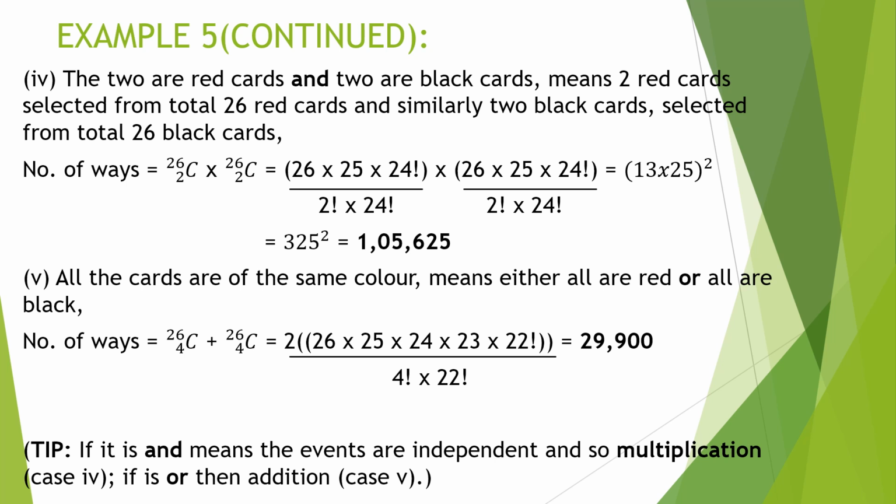So if you are having and, it is multiplication in between because the events are independent. But if you are having or, you will have addition in between, as the events will be mutually exclusive. Means if suppose all the cards are of black, then they cannot be of red. So you are having plus sign. Or means plus and means multiplication. So if you remember this, confusion will not be there. So in the fifth case, the total number of ways are 29900.